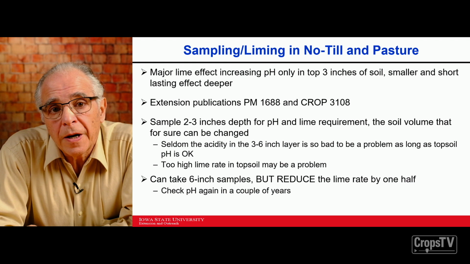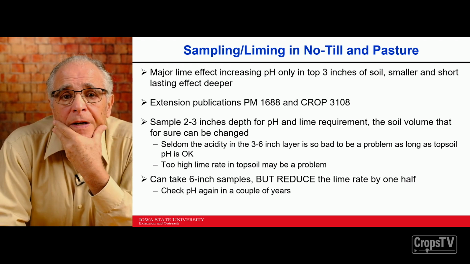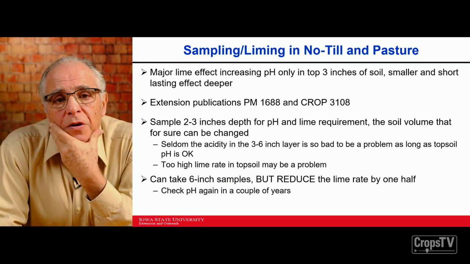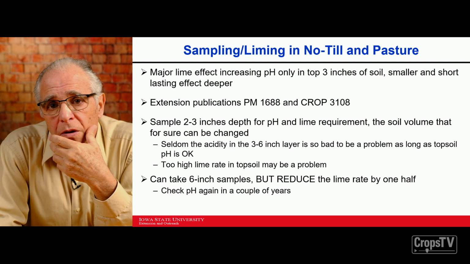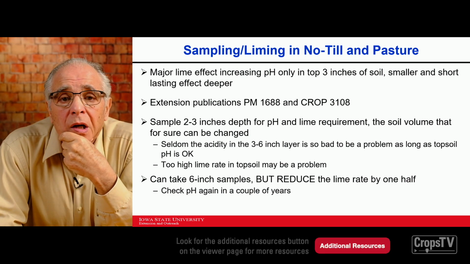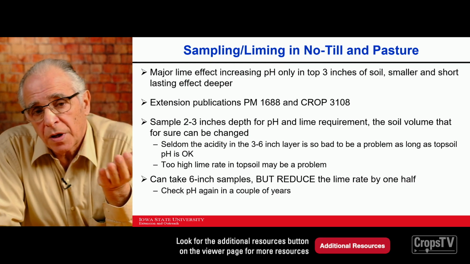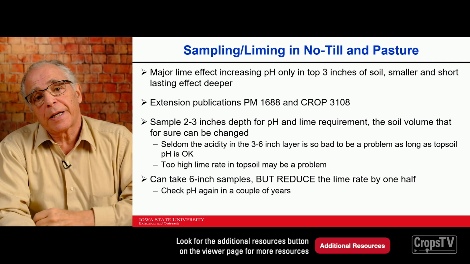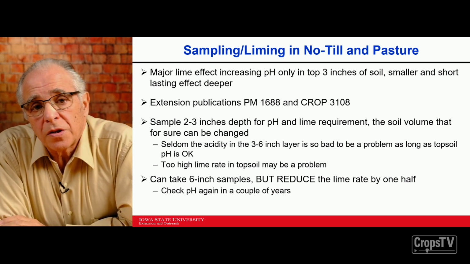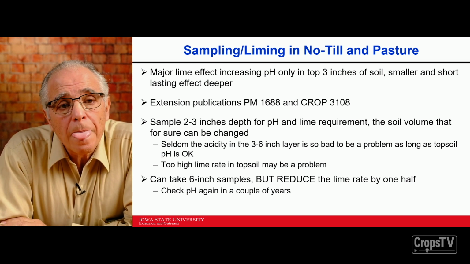So this brings us to the issue of soil sampling and interpretations. It's clear that there was a major lime effect increasing pH only in the top 3 inches of soil, with smaller and short-lasting effects deeper. Now, if you look at our extension publication, PM 1688, we have the lime together with P and K guidelines, and then Crop 3108 is the soil sampling publication that we updated with Sawyer about 2-3 years ago.